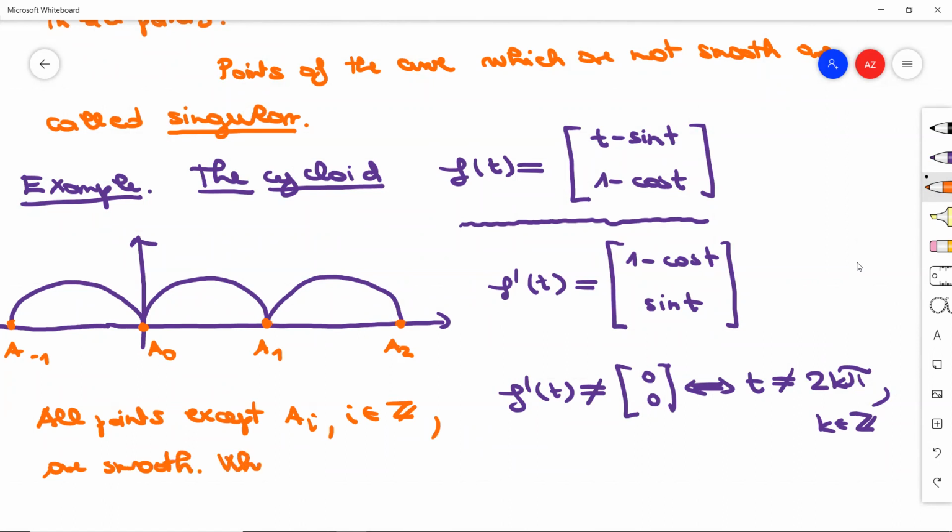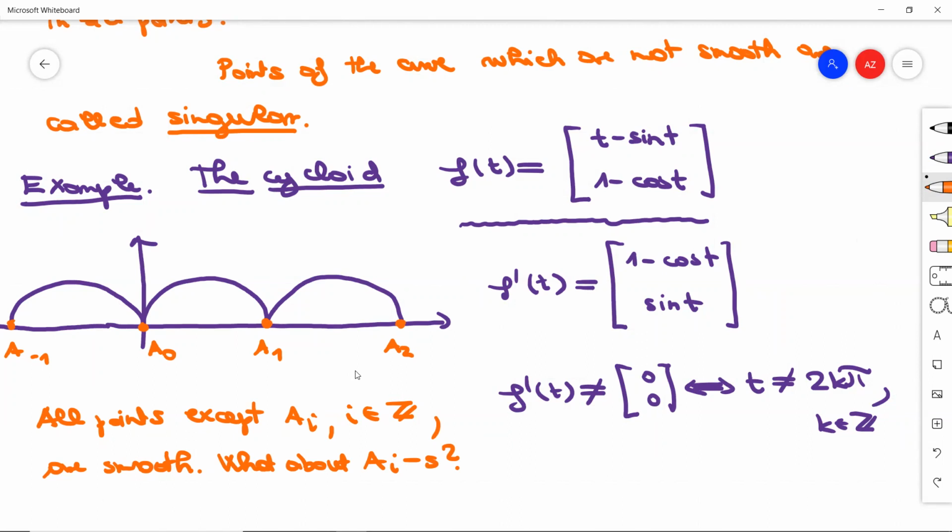What about the a_i? This parameterization tells us that the only points which could be singular are those a_(-1), a_0, a_1, a_2.